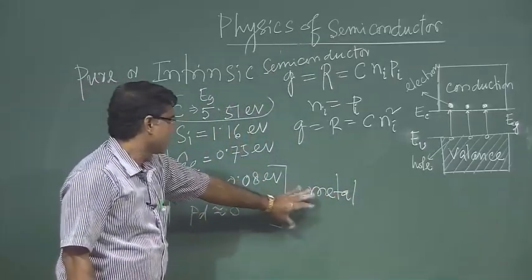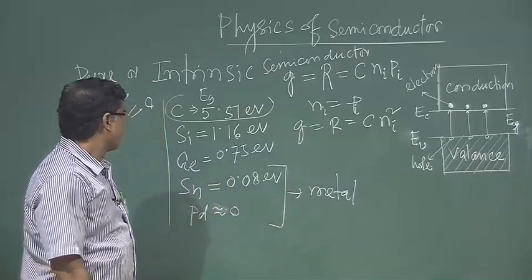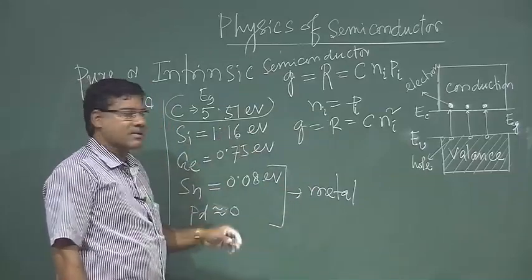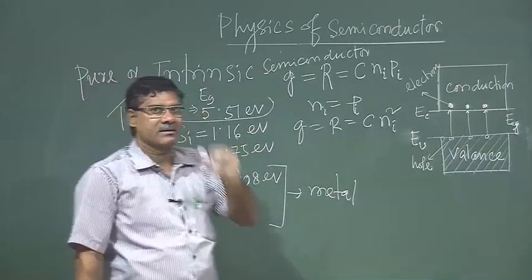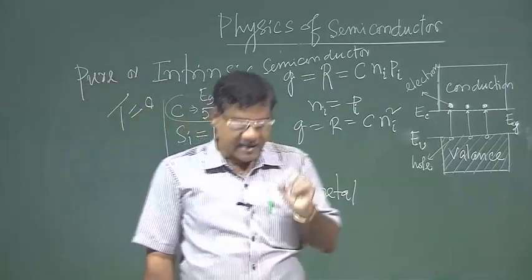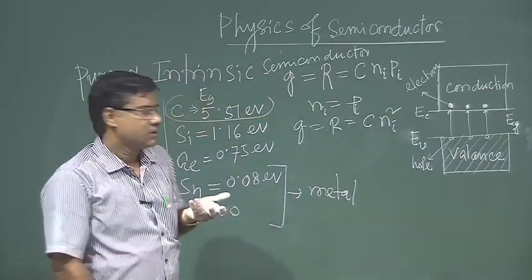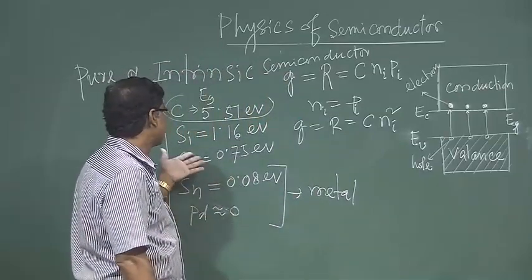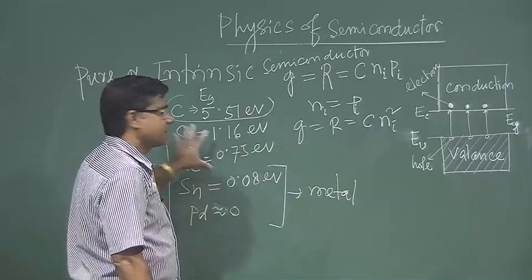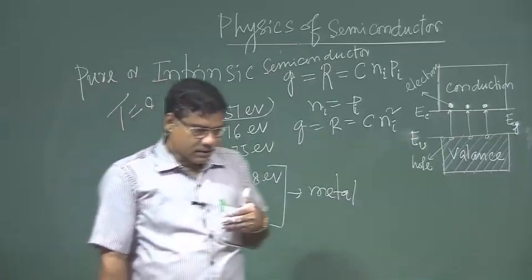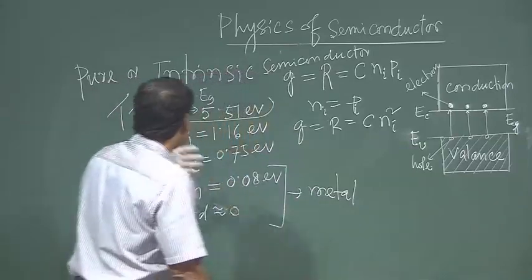The other two behave like semiconductors, which is why the band gap range is important: it should be less than 2 or 3 electron volt.